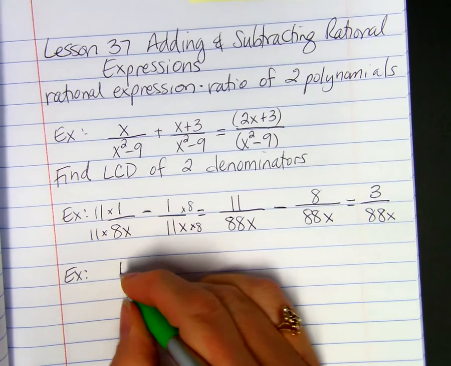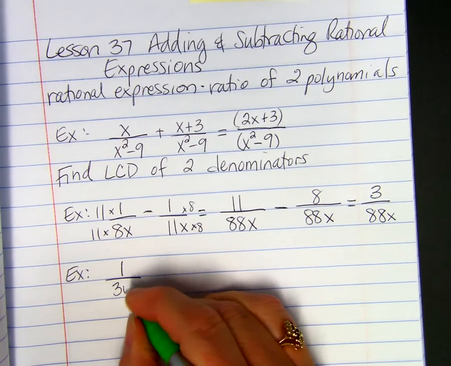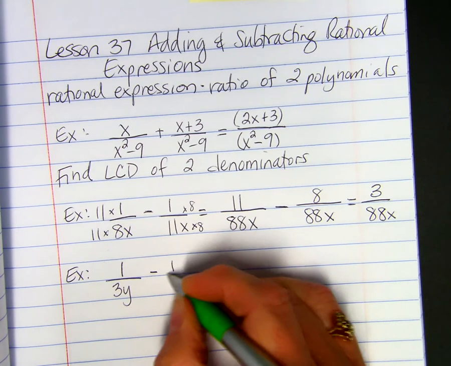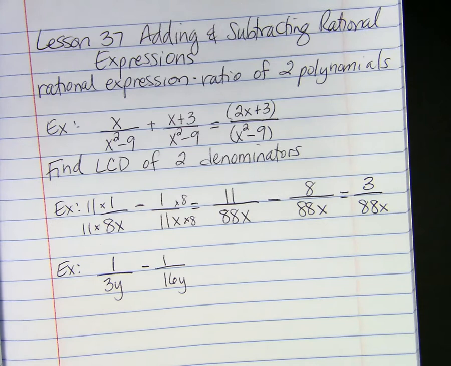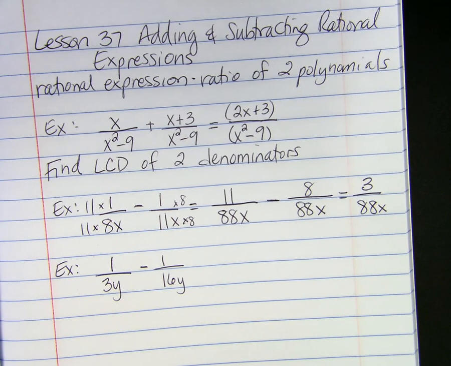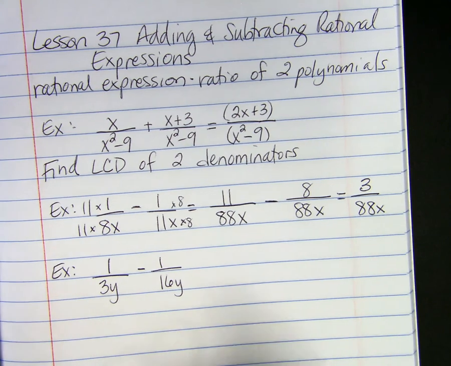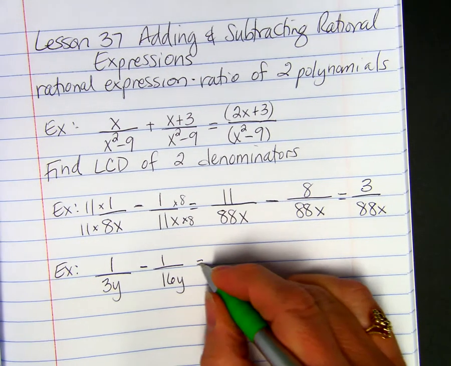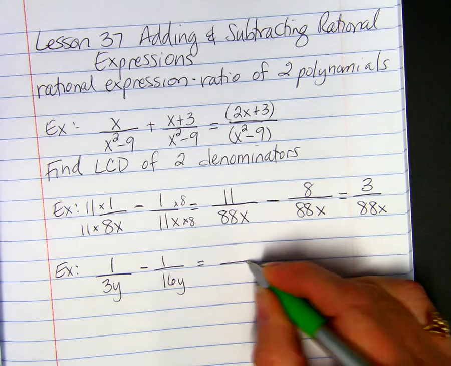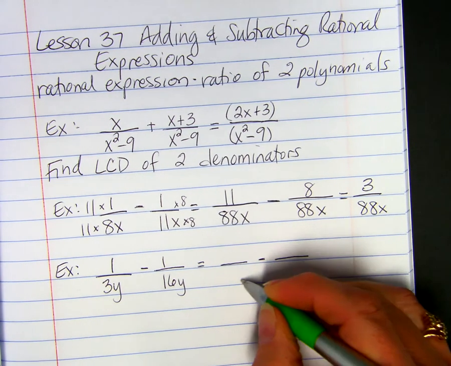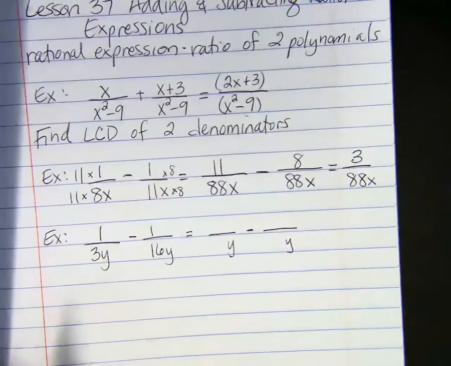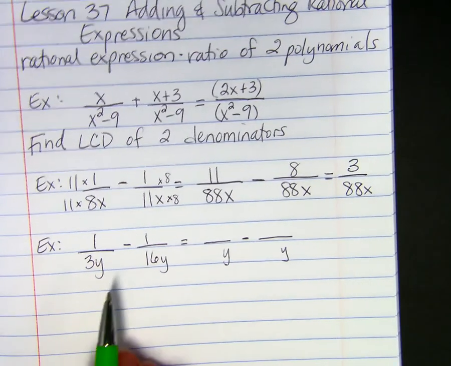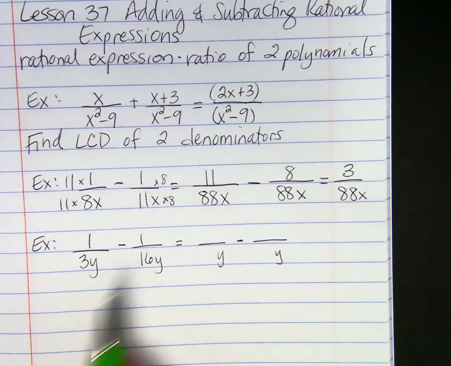So here's another one. 1 over 3y minus 1 over 16y. We can get a common denominator of, they both have a y, so we'll leave that in there. Now we need a multiple of 3 and 16 that both of them can go into.